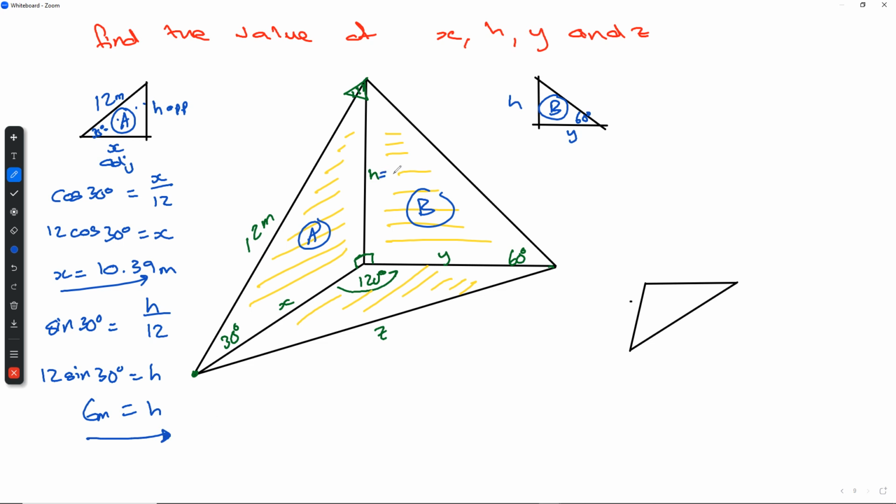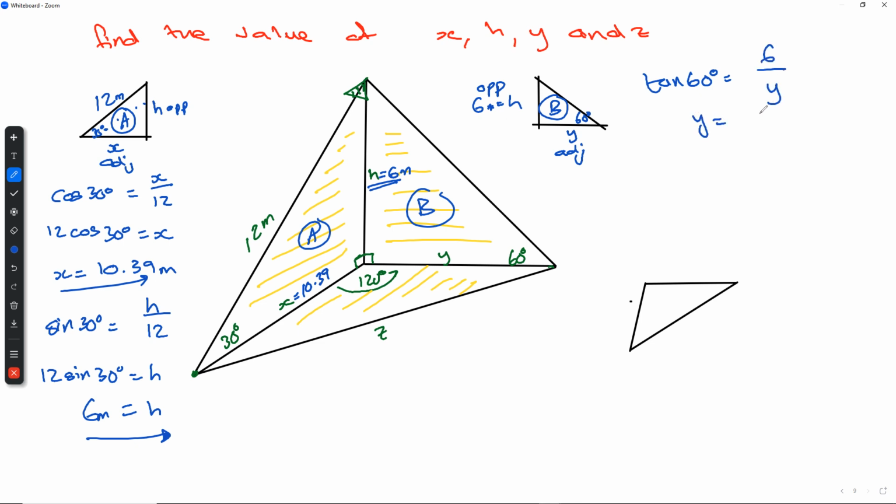So H is equal to 6 meters, and X is equal to 10.39. Now I know this length over here. I do the same thing. I have my opposite, and I have my adjacent, so I've got to use tan. And so tan 60 degrees will equal 6 over y.